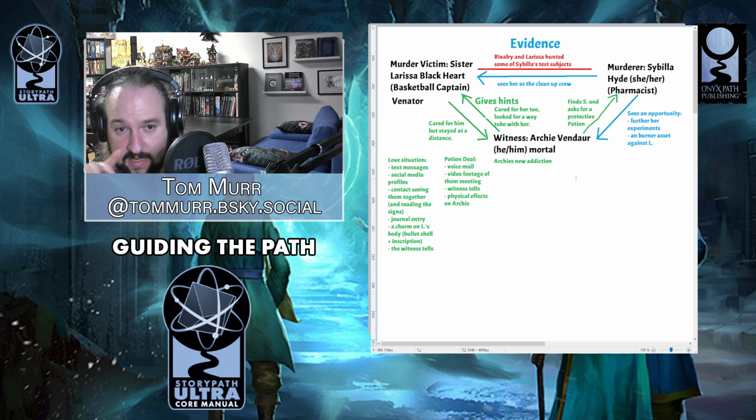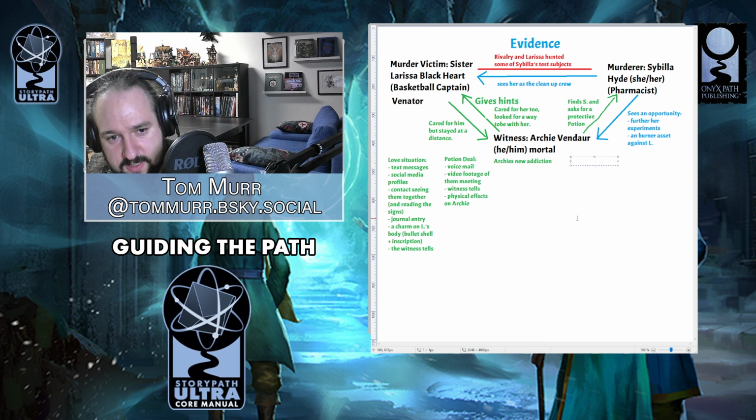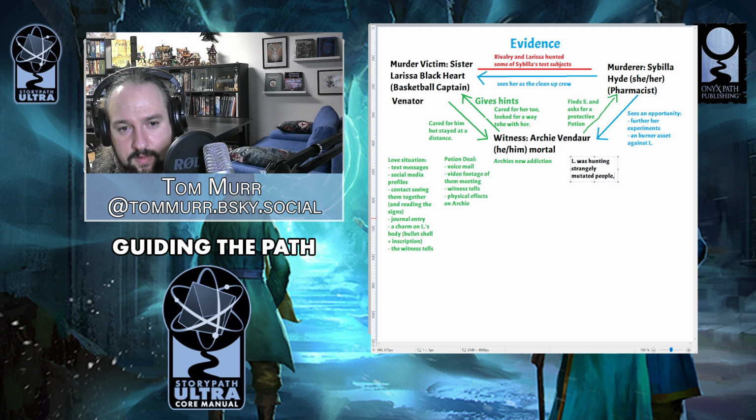So if the players are looking into the last cases of Larissa, they will of course learn that she was hunting down strangely mutated people, often enough basketball players.